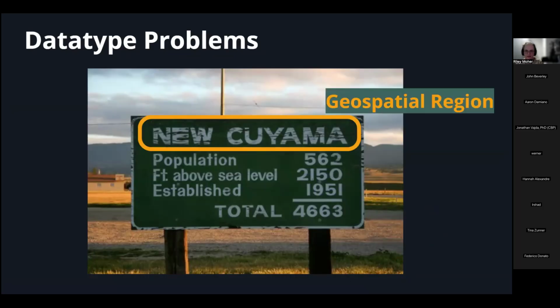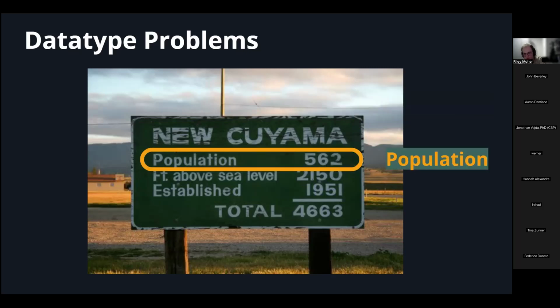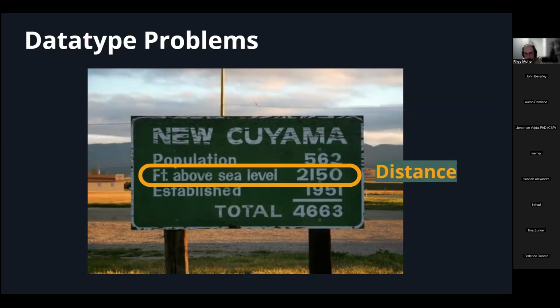We have things like a geospatial region. You could also make the argument that you're talking about a given geopolitical entity, because borders and boundaries can change over time. So maybe it's not always a geospatial region. We have population metrics, which are going to be core to looking at census data, for example. And we have things like distance.